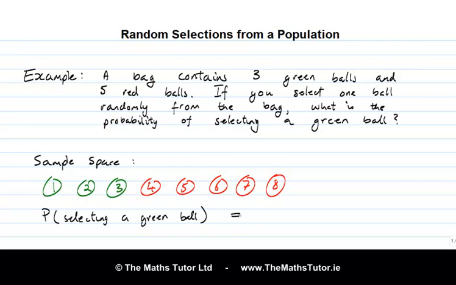Well, remember, when the outcomes are equally likely, the probability of an event is the number of outcomes in that event. So how many outcomes here correspond to a green ball? Well, 3 of them, divided by the total number of outcomes. And the total number of outcomes here is 8. So the probability of selecting a green ball is 3 over 8.